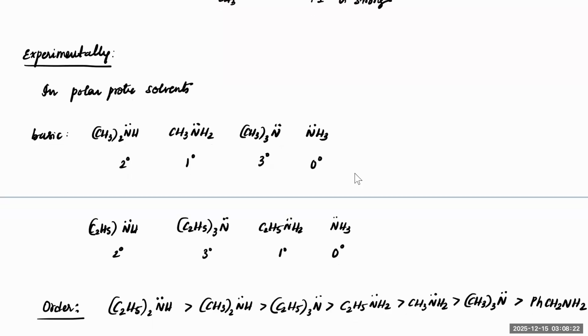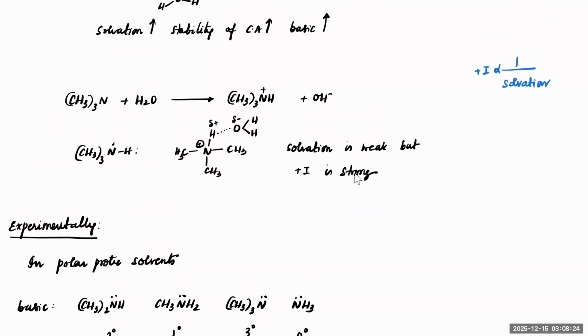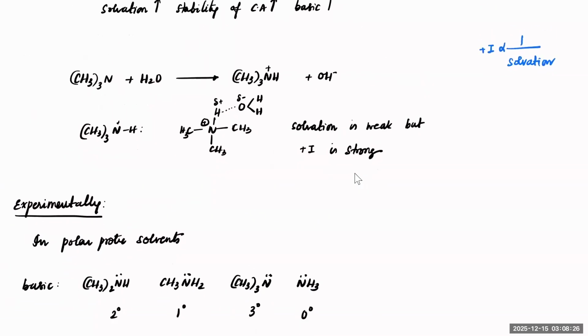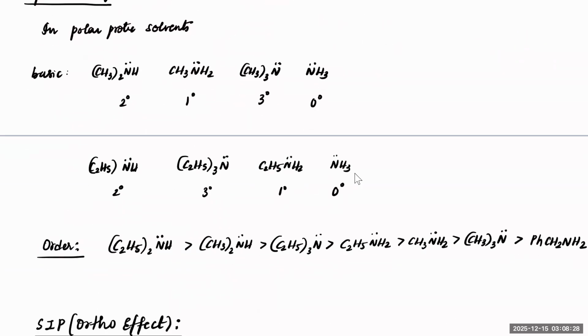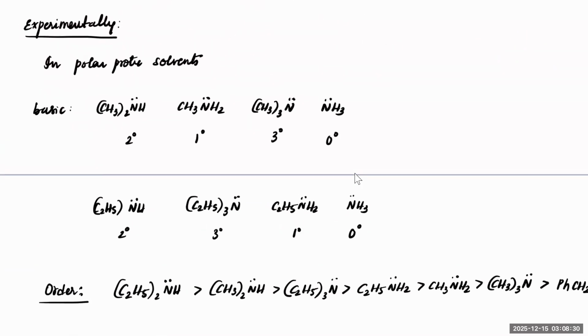So this combined effect, both the solvation as well as inductive effect, together if you put it into the picture, you will find that in polar protic solvents, 2-degree is found to be the most basic, then 1-degree, then 3-degree, then methyl.